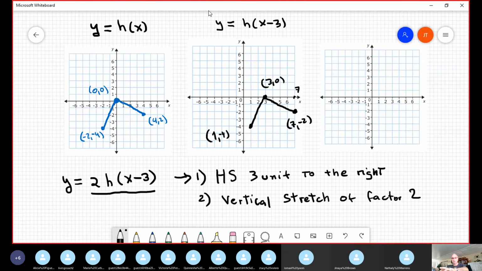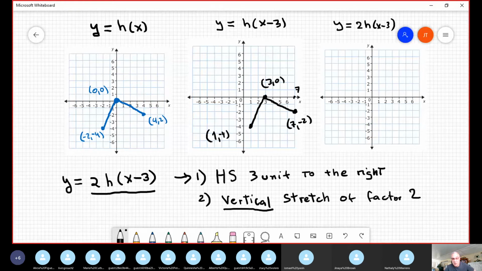Okay. Now, the last transformation is multiplication by 2: 2 times h of x minus 3. Now, you multiply the y component by 2 because it's vertical, and vertical is associated with y.